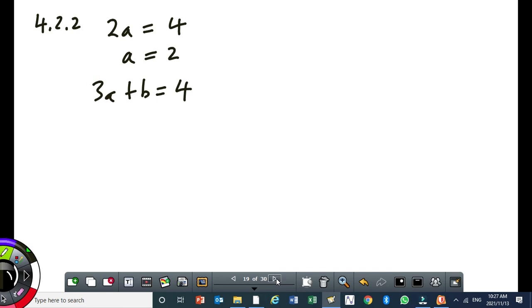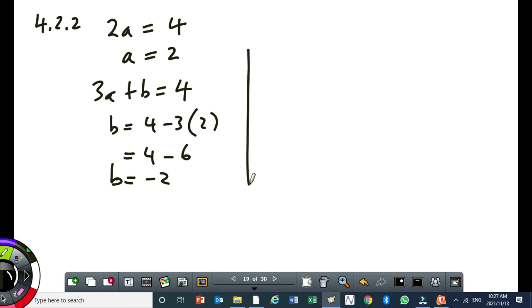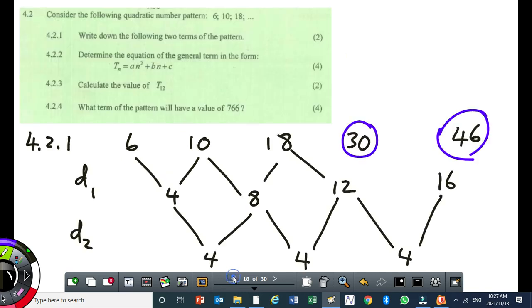I'll show you, so that you can see it. I'm using 3a plus b is equal to the first term of the first differences. So b is going to be 4 minus 3 times 2. So this will be 4 minus 6, and you get minus 2. We found b using the first term of the first differences. If I want to use the third term of the first differences, it's going to be 7a plus b, which for our question is equal to 12.